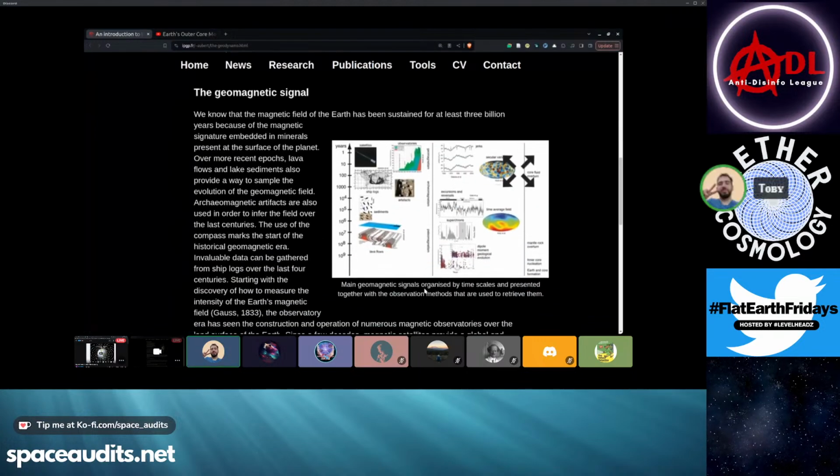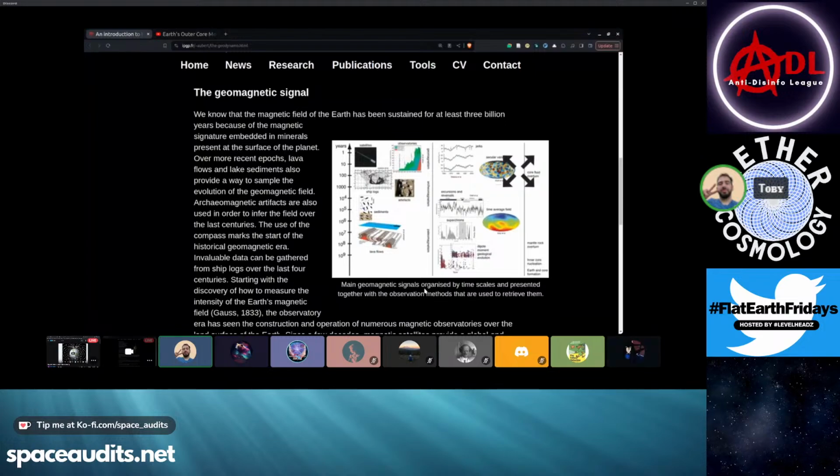The geomagnetic signal. We know that the magnetic field of the Earth has been sustained for at least 3 billion years because of the magnetic signature embedded in minerals present at the surface of the planet. Over more recent epochs, lava flows and lake sediments also provide a way to sample the evolution of the geomagnetic field. Archaeomagnetic artifacts are also used in order to infer the field over the last centuries. The use of the compass marks the start of the historical geomagnetic era.